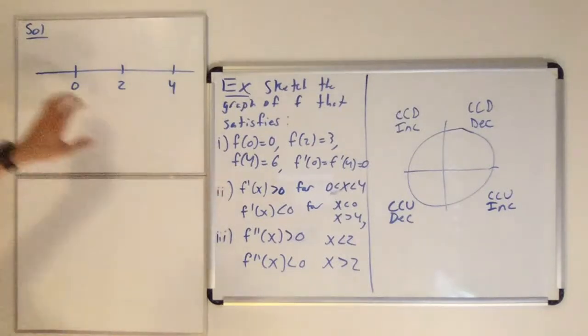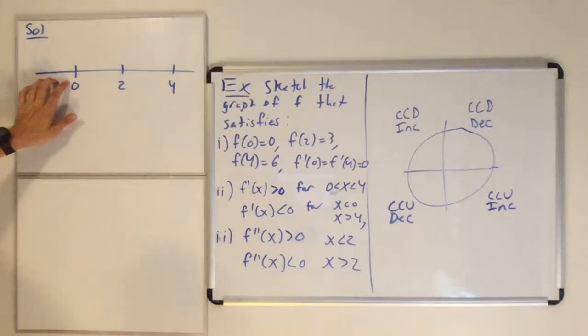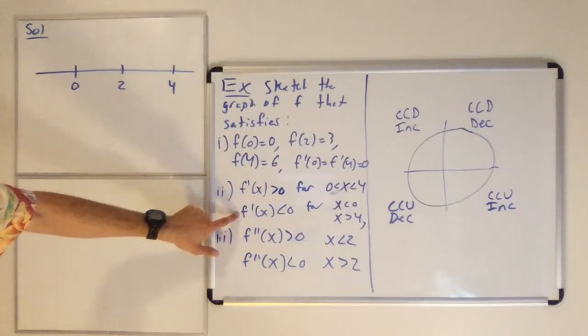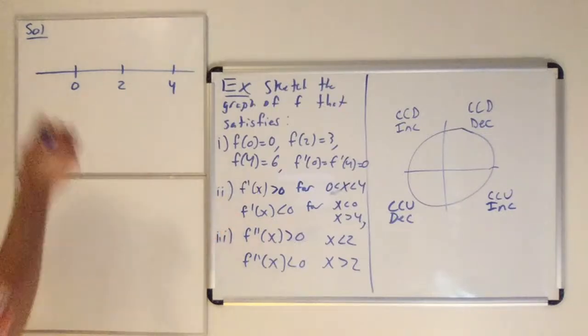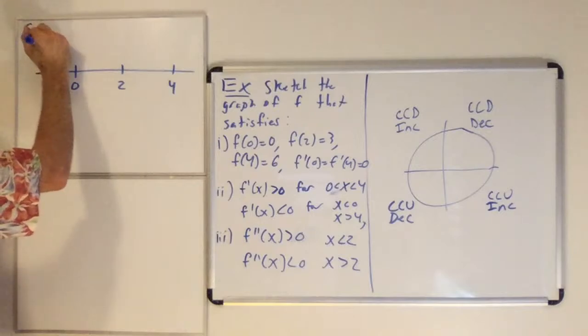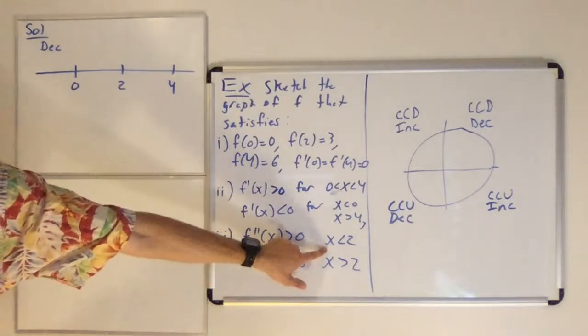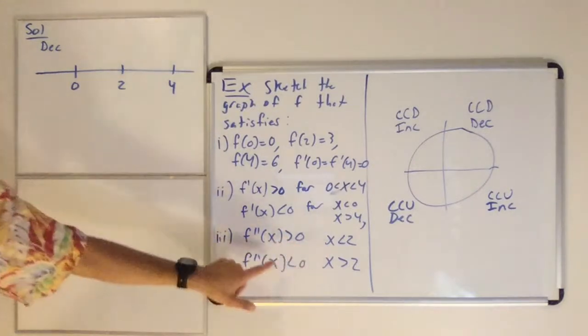But let's just go one segment. So this is the x values that are less than 0. On that interval, our derivative is negative, so we're decreasing. And we're looking at x values that are less than 0, so in particular, they're less than 2.